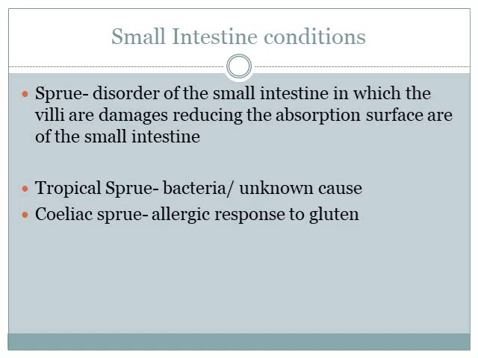Now, these can either be what's known as a tropical sprue. Now, we believe that is caused by bacteria, but we're not 100%. And then you have your celiac or your allergic sprue. So celiac is a better known one, which is your allergic sprue. So allergy to gluten causes a celiac sprue.